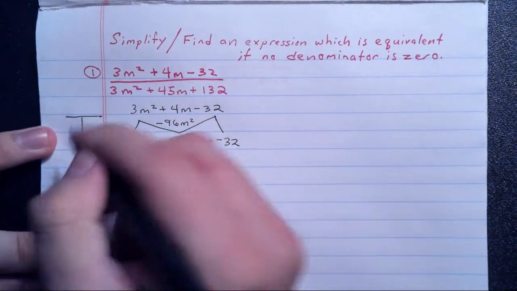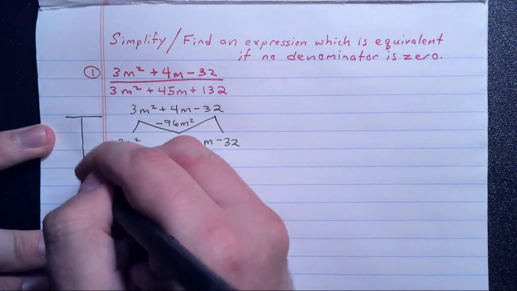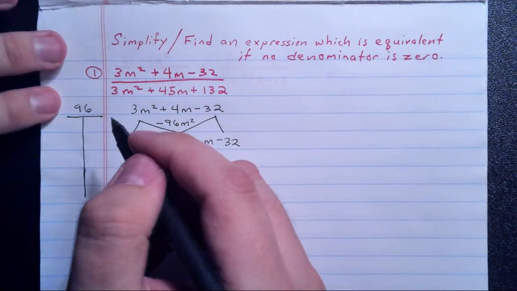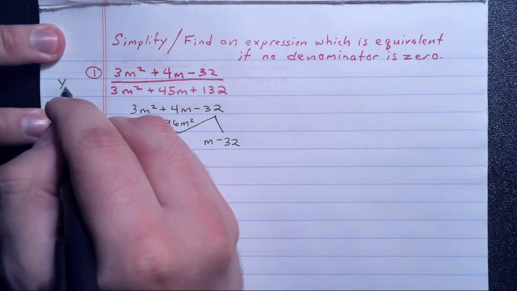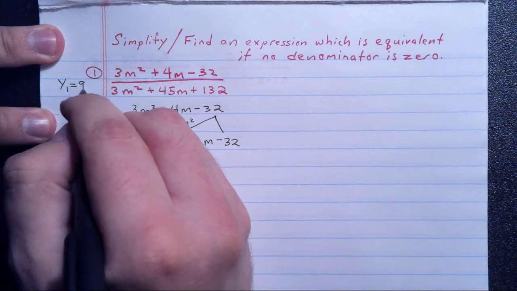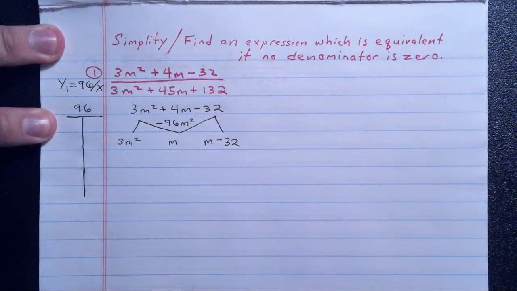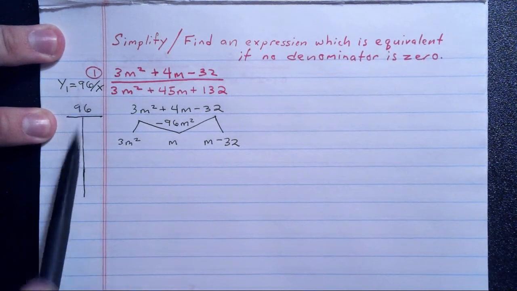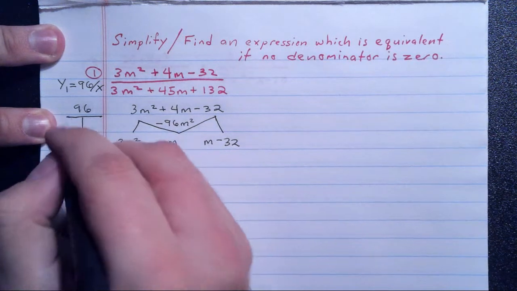Now you can do this with a calculator just by doing successive divisions, or some of you have probably seen this trick, either from a friend or I showed you, where if you go to your y equals on a graphing calculator and enter in y1 is 96 divided by x, then in the calculator's table you will actually see a table of factors for 96.